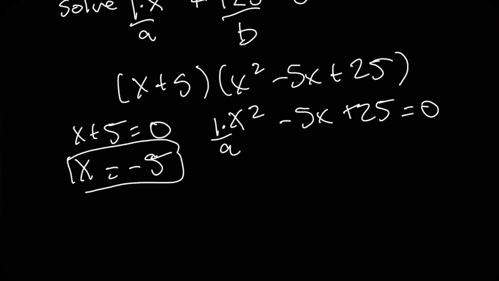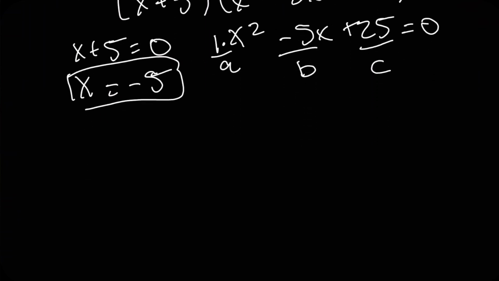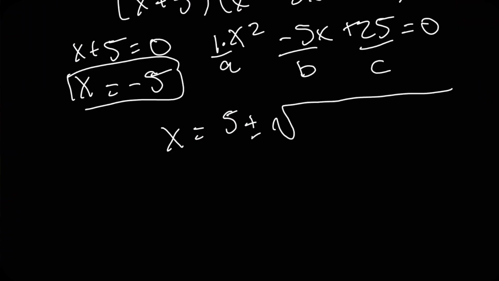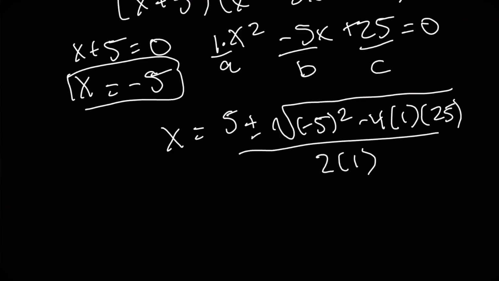So our a is going to be 1, our b will be negative 5, and then our c will be 25. So plugging that into our equation, we will have x is equal to negative b, which will be 5 plus or minus the square root of b squared, which will be negative 5 squared, minus 4 times a, which is 1, times c, which is 25, all divided by 2 times a, which is 1.